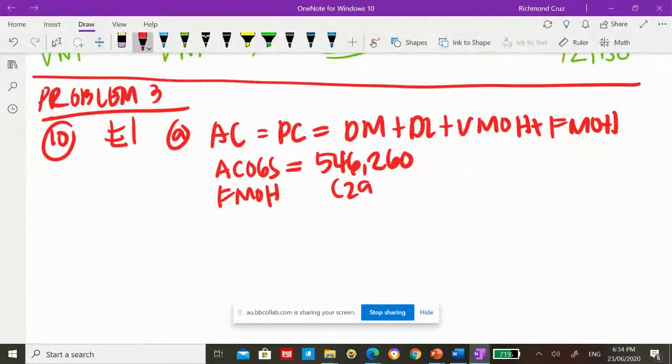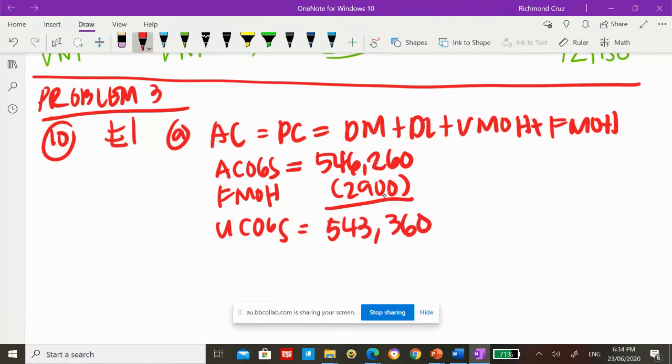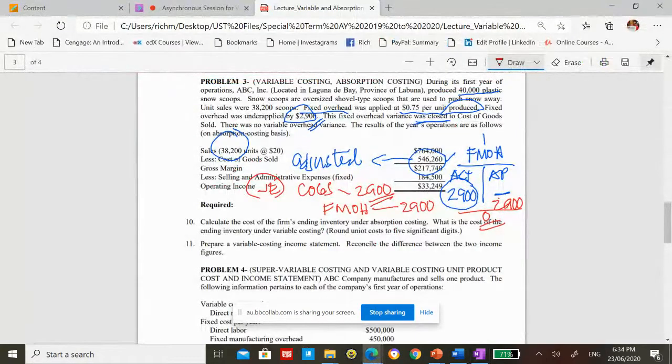So babawas ko yun kasi nga kasali na siya rito sa 546,260 para yung unadjusted cost of goods sold ko magiging 546,260 minus 2,900. So that will give me 543,360.